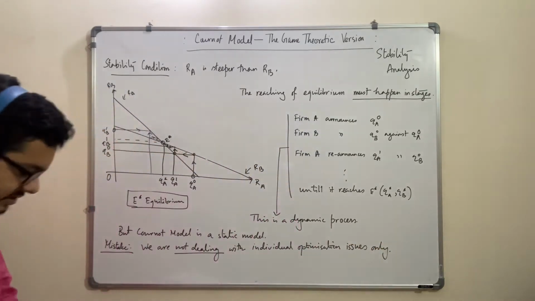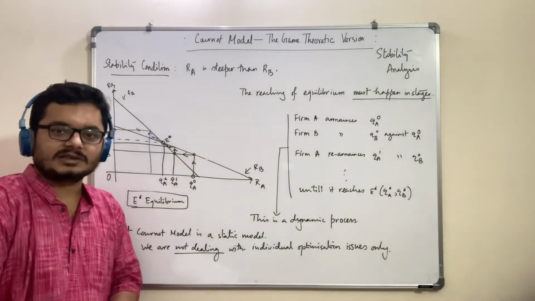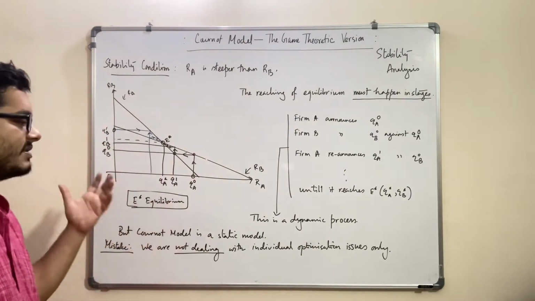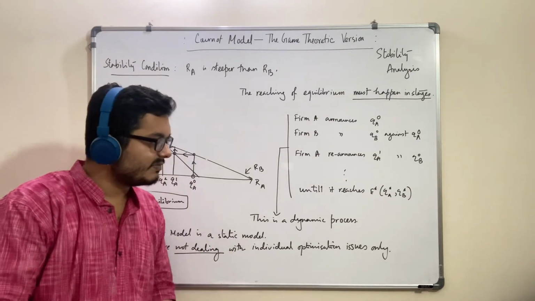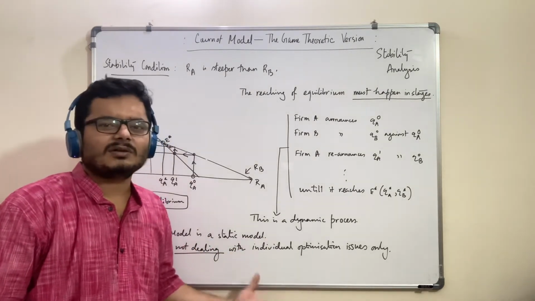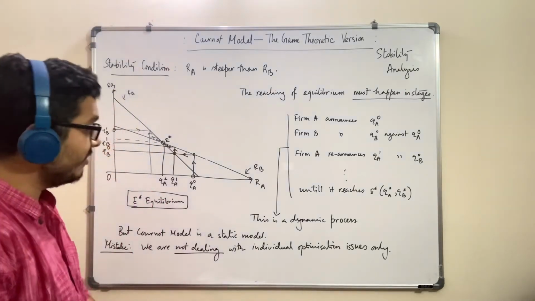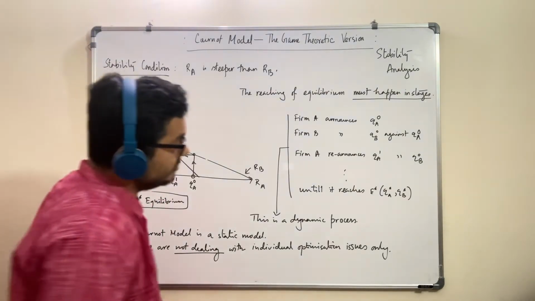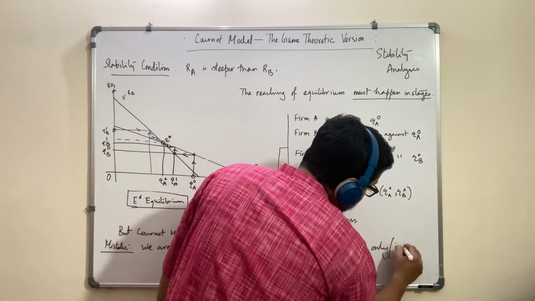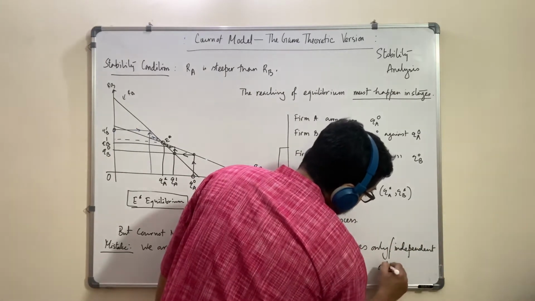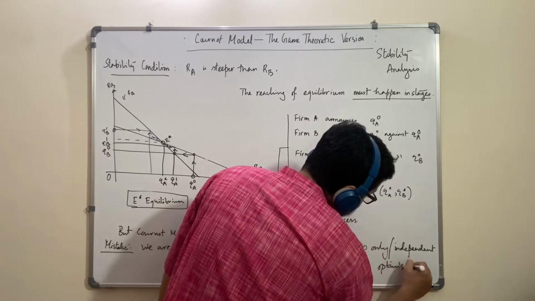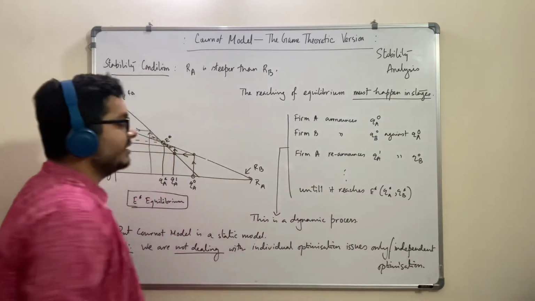Obviously there is an issue of optimization where each firm is maximizing profit. That part is there. But this is not an individual optimization issue only. We are not dealing with independent optimization, something that you observe in monopoly or in perfect competition. That's something that is not happening here.